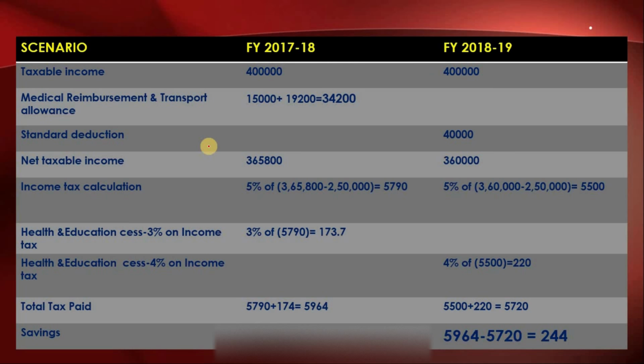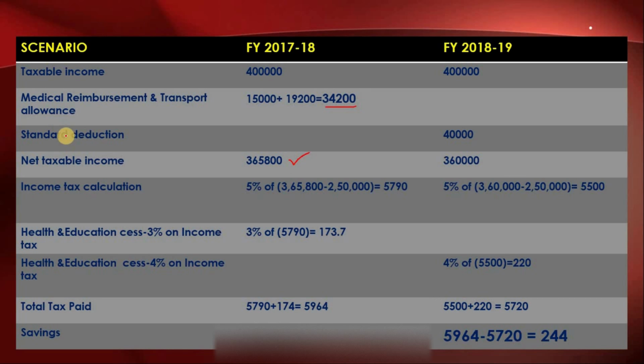Until last year, there used to be a medical reimbursement and transport allowance of 34,200 rupees. So this 34,200 rupees is deducted from the taxable income 4 lakhs to get the net taxable income. So the net taxable income for the financial year 2017-18 is 4 lakhs minus 34,200, which is 3,65,800.